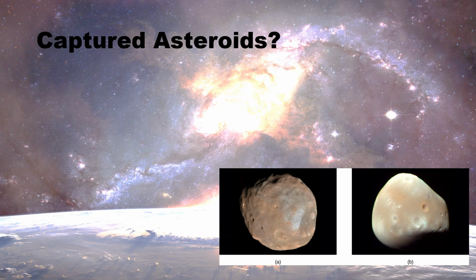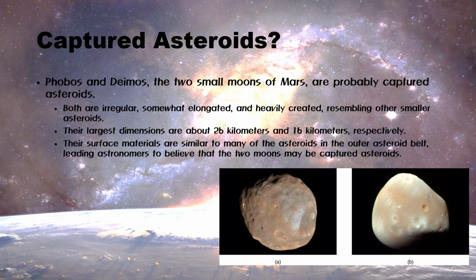Now, an interesting thing about asteroids, and we mentioned this before when we started talking about them, is that sometimes they might have ended up as captured moons of planets. Let's look at Phobos and Deimos, the two small moons of Mars, which are most likely captured asteroids.